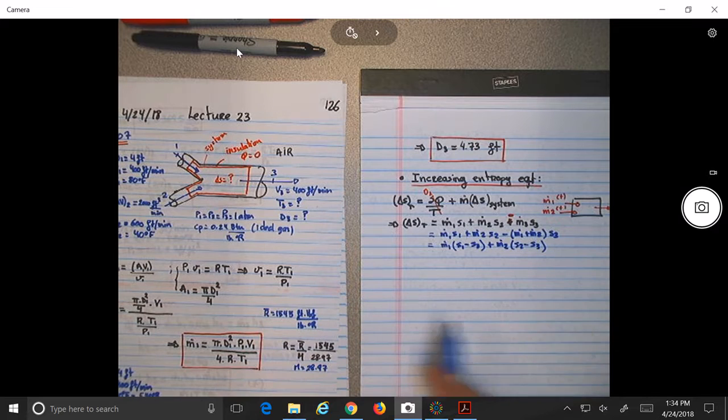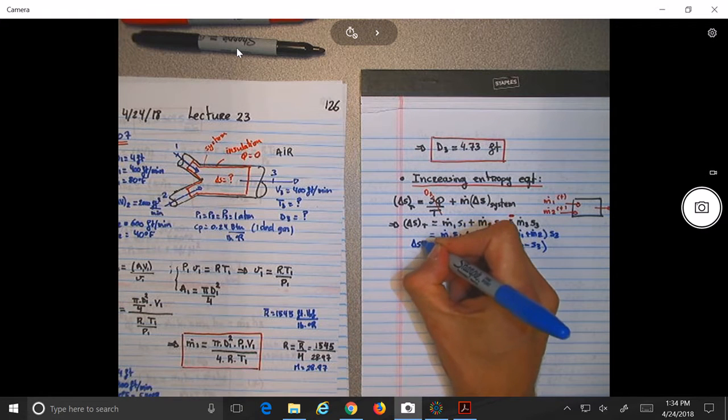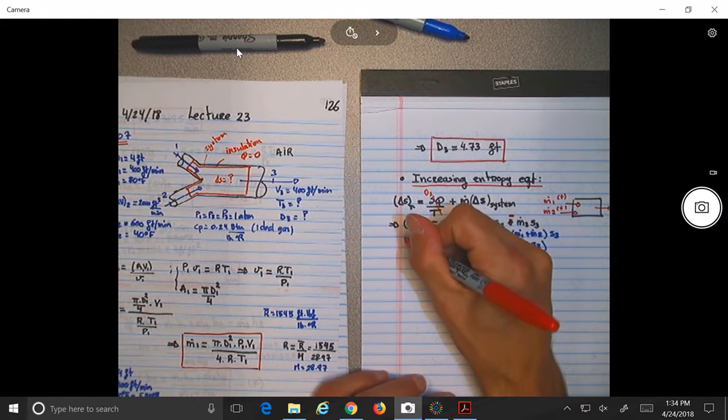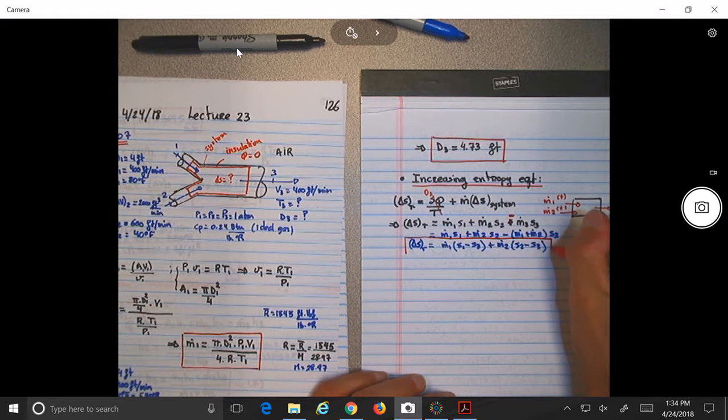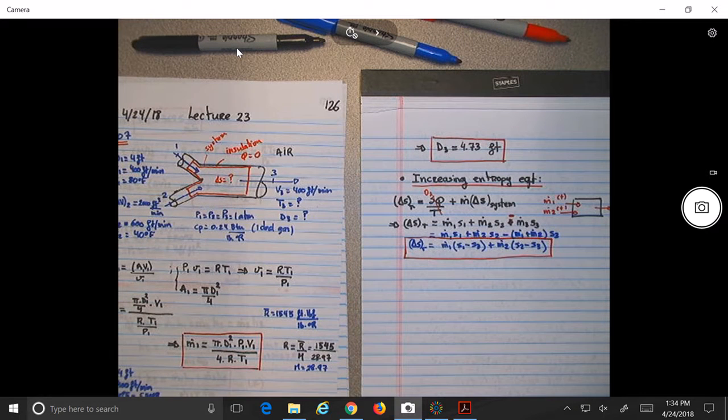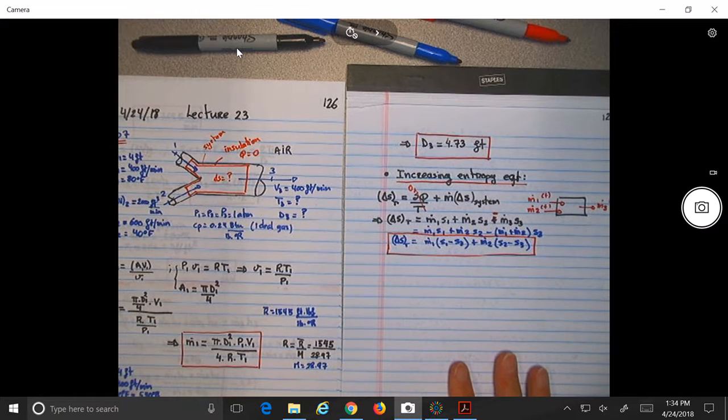I don't know why, but to me the equation that way makes more sense. Yeah, it is negative.